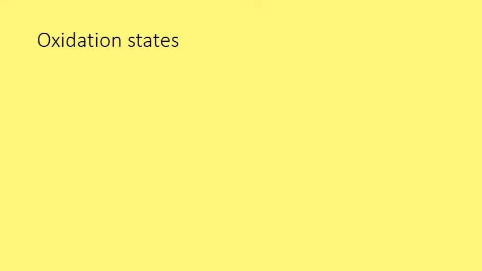So let's go through the last couple of rules for oxidation states, and you heard me mention peroxide. So rule number 6 is about the oxygen exception, the exception to the combined oxygen rule.